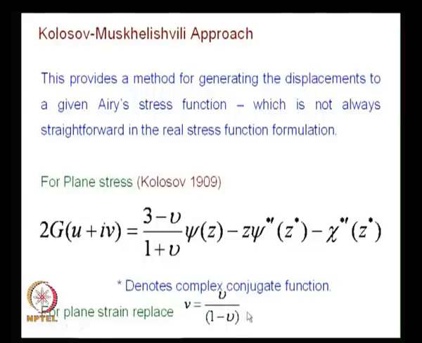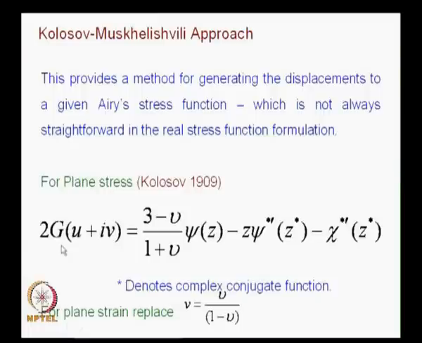See, in the case of the Airy stress function, once it is determined, the stress field could be expressed in terms of it. We have sigma x equal to dou squared phi by dou y squared and sigma y equal to dou squared phi by dou x squared, but we never wrote how to write the displacement components in terms of the stress function.